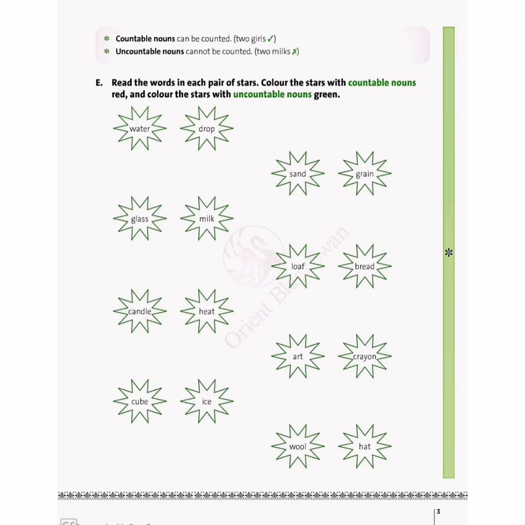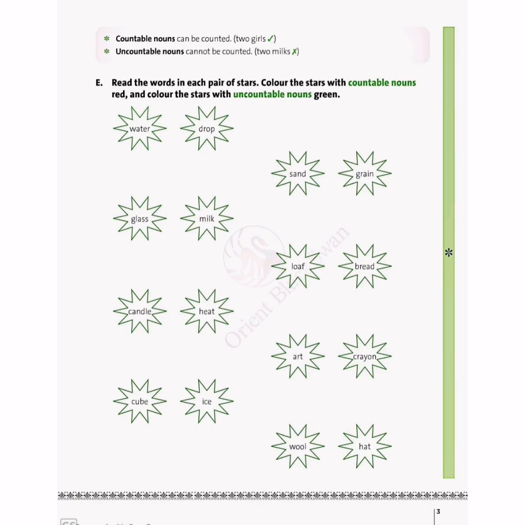Next is cube. Cube is a countable noun because we can count the cubes, like 1 cube, 2 cubes, 3 cubes. So this will be colored with red. Next we have ice. We cannot count ice, so this will be an uncountable noun and we will color this with green. Next, in the next row we have sand.